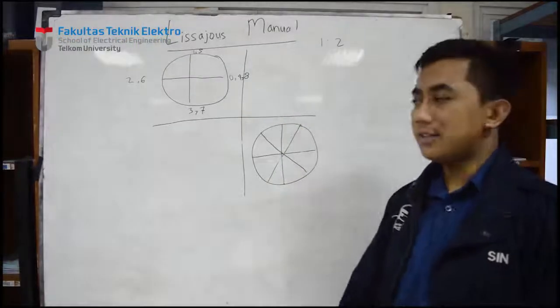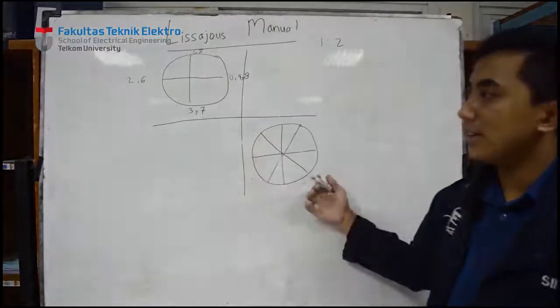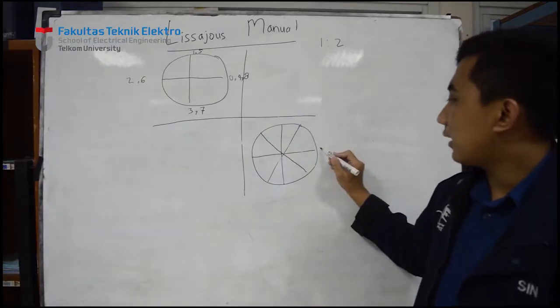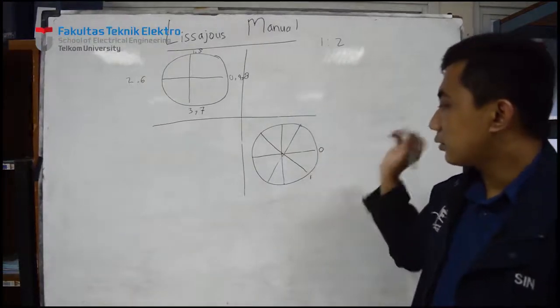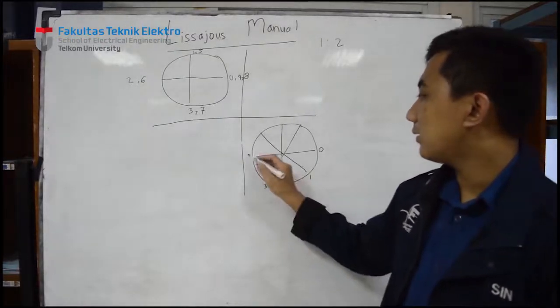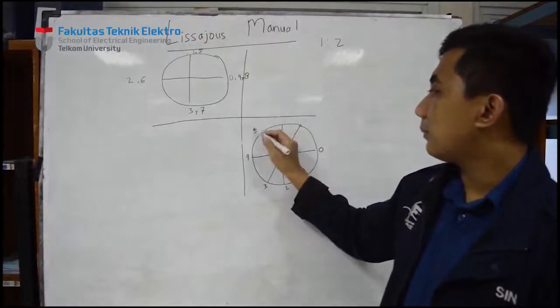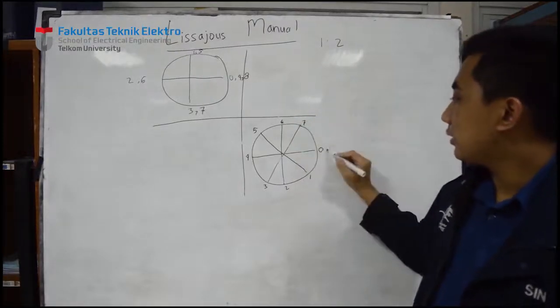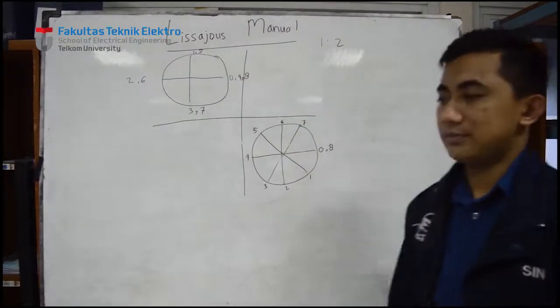And now we will give number in quadrant 4 clockwise. Start with 0, 1, 2, 3, 4, 5, 6, 7, 8.